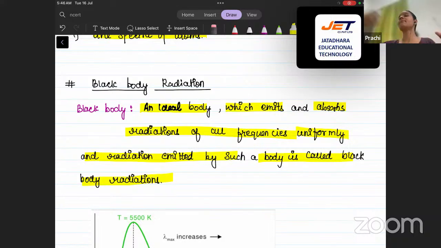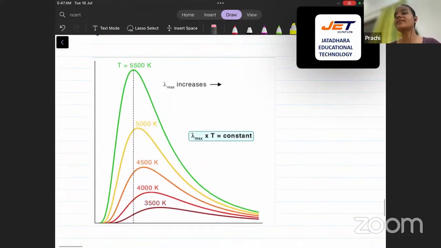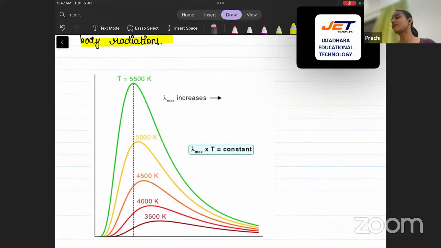Also, it will emit all the radiations as it is. It will not keep anything with it. So the perfect black body will absorb 100% of the light, and then emit 100% of the light. If this is clear, then we'll move on to what the scientists were not able to explain for the black body.